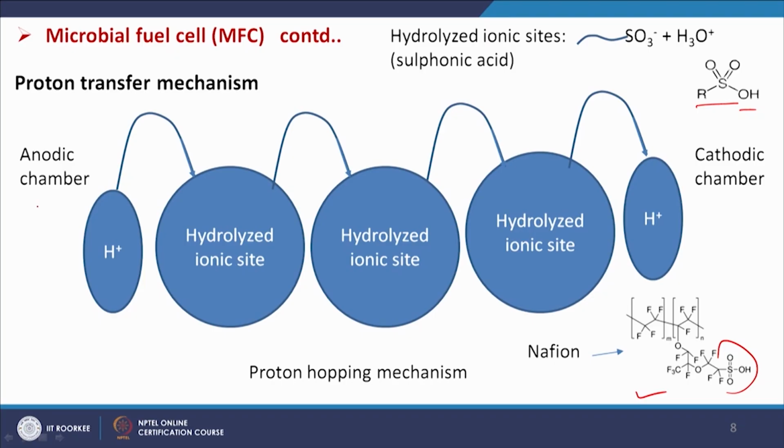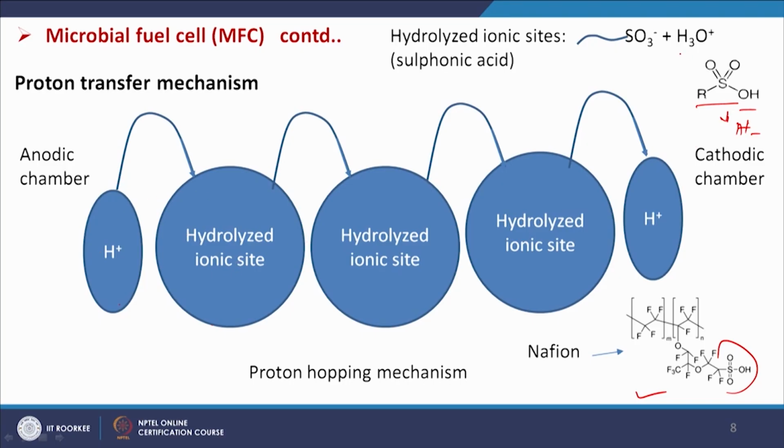The hydrogen generated in the anodic chamber comes to the surface of the membrane, which has hydrolyzed ionic sites. R-SO3H gives an H plus plus R-SO3 minus, and that minus site takes up an H plus again.